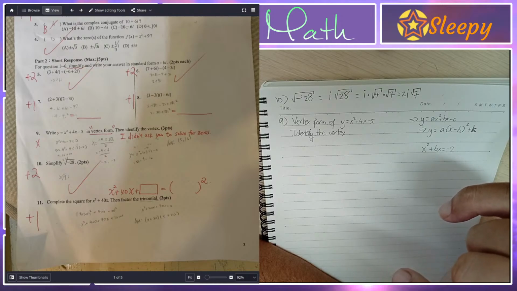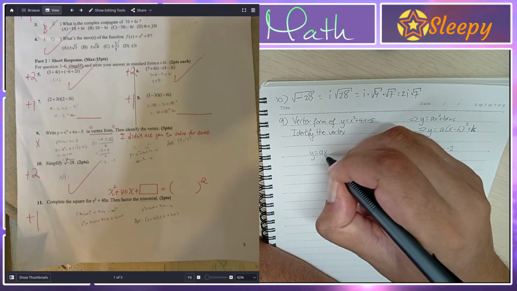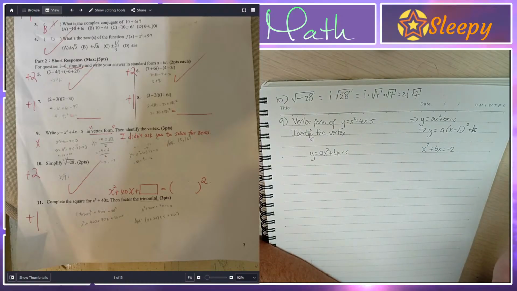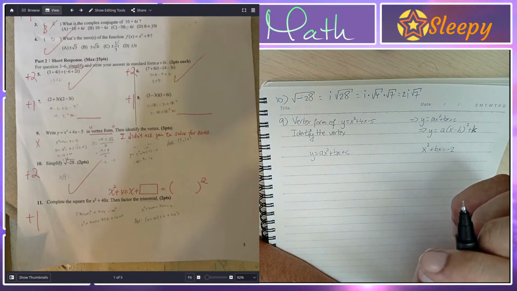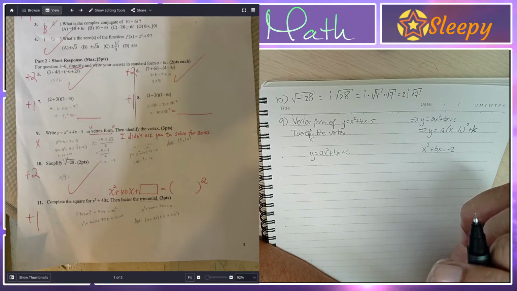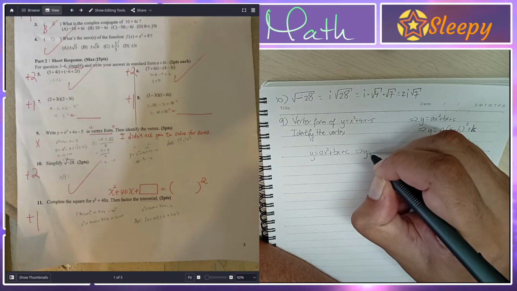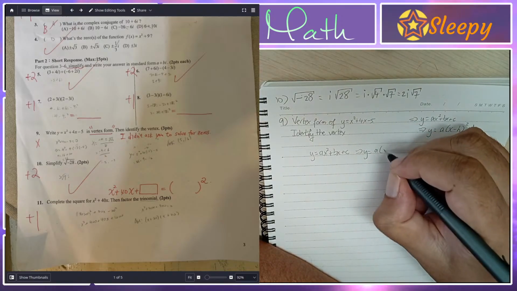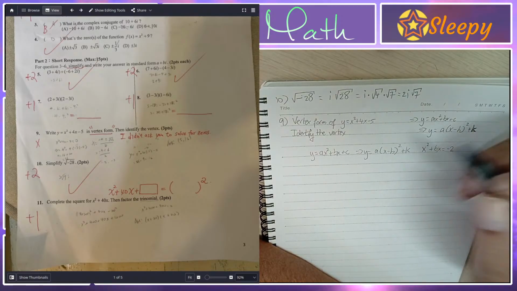So y is ax squared plus bx plus c, and you want to write this down in some way. Anyway, that's not for you.